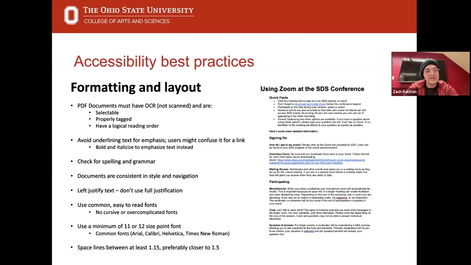Use a minimum of 11 or 12 point font. I typically recommend people keep their font sizes around 12. It's usually the safer size to be at, and it makes it a little bit easier to read. But 11 is also a pretty fine choice. Unless you are creating headings, you don't want to go any bigger than that.